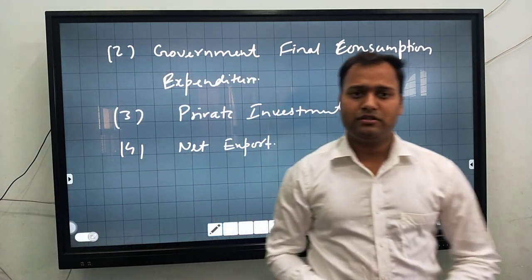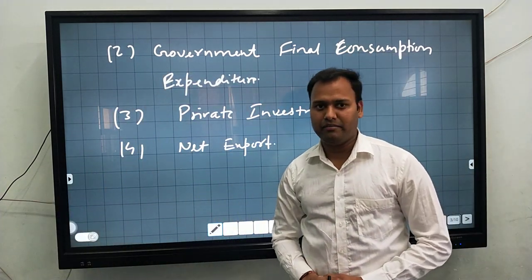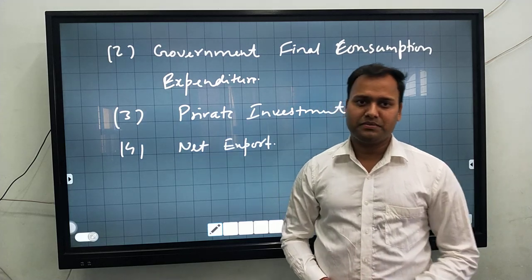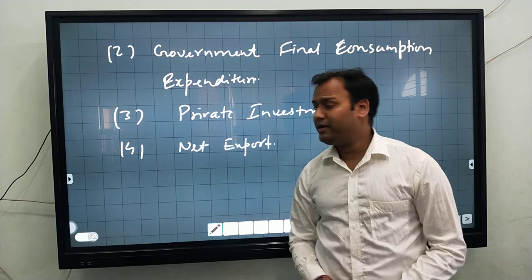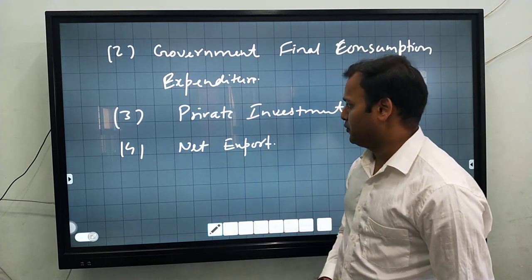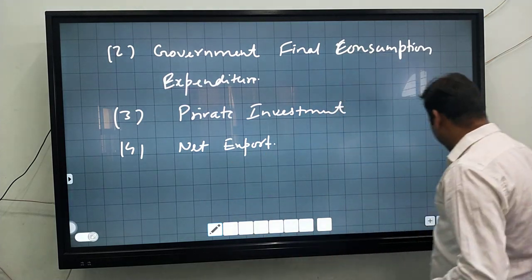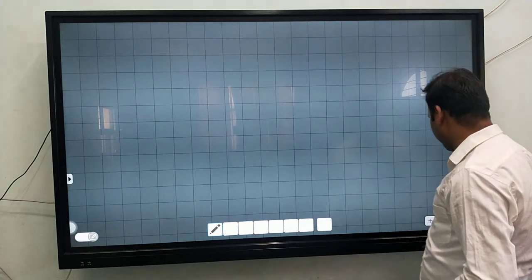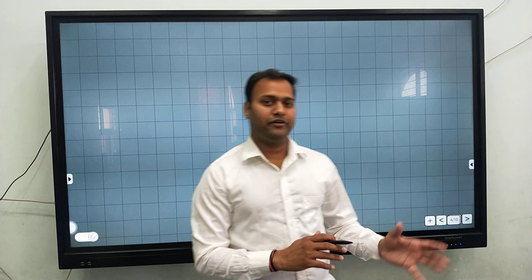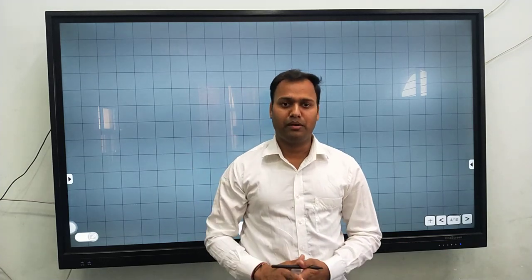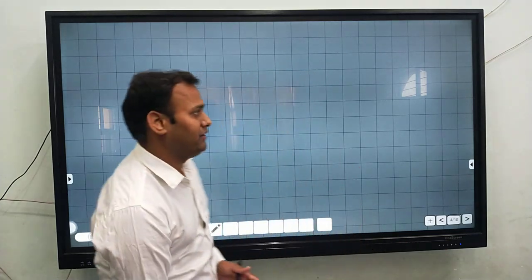Okay, so here there are four main components of aggregate demand, that is private final consumption expenditure, government final consumption expenditure, private investment, and net export. Okay, so we'll discuss one by one. This is very important from the exam point of view. So sometimes questions directly ask what are the components of aggregate demand. So these are the four components of the aggregate demand.